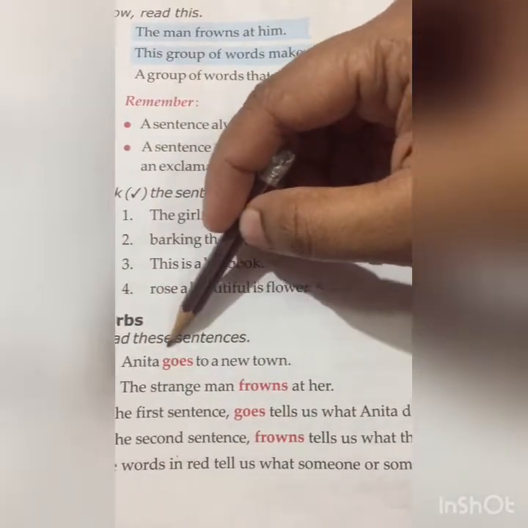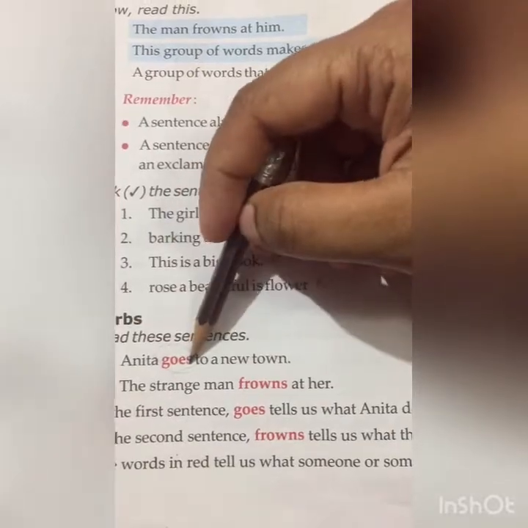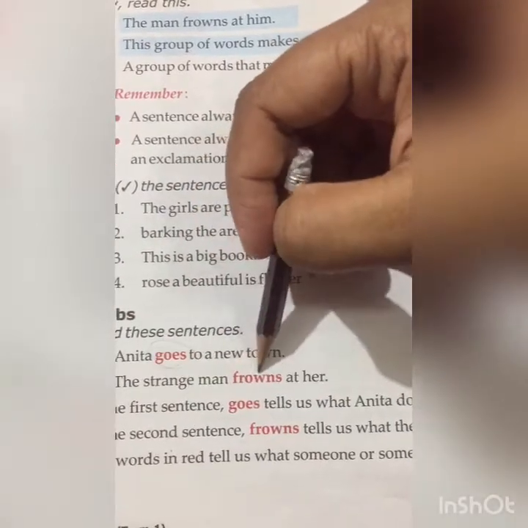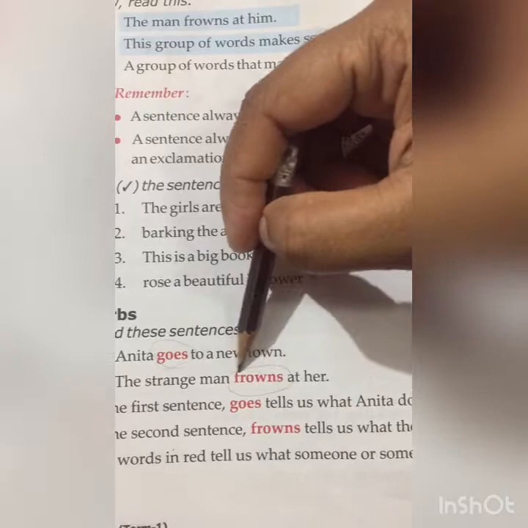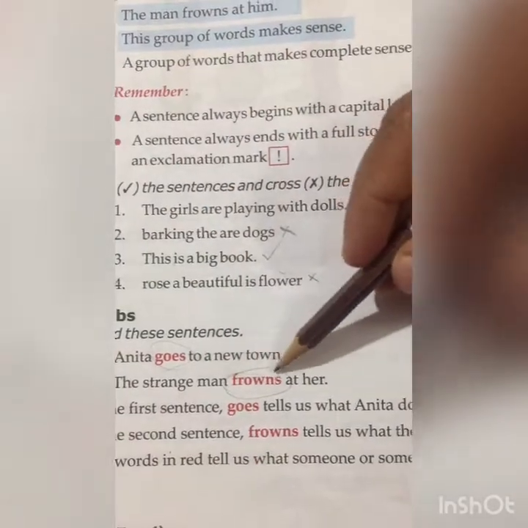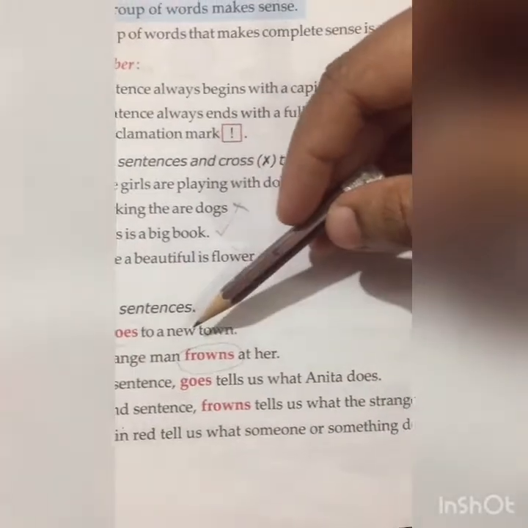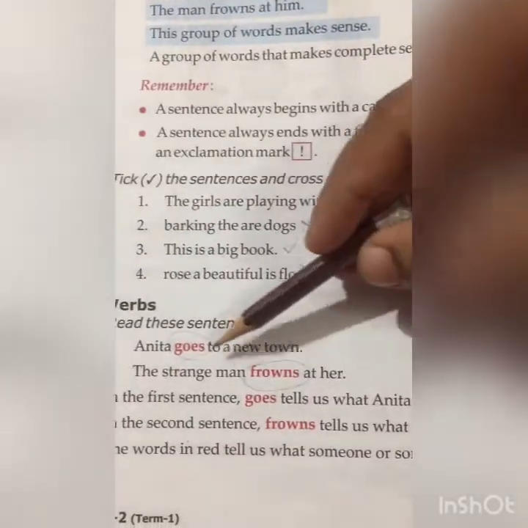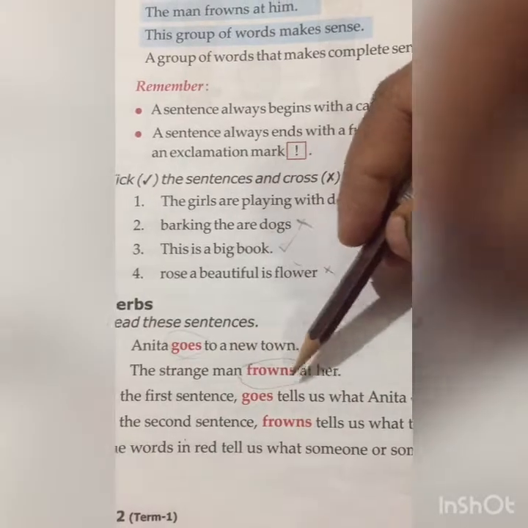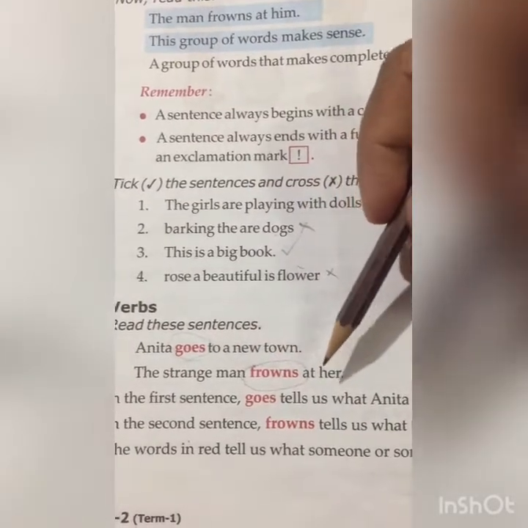Here, this word shows what Anita is doing, and this word shows what the strange man is doing. And these words in red are called doing words or verbs, action words.